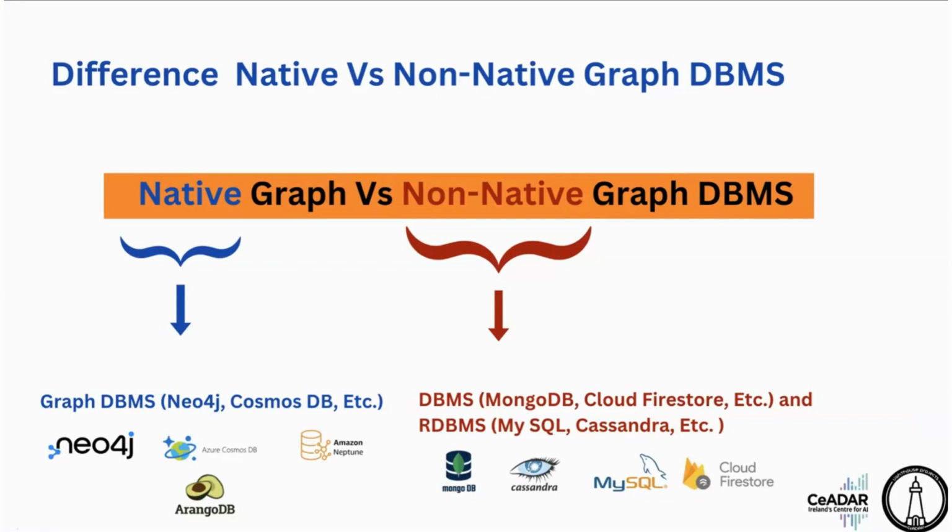We are all aware of Neo4j, Amazon Neptune, ArangoDB, and Cosmos DB. In non-native, there are two types of databases: a database management system and a relational database management system. That's the complete difference between native and non-native.